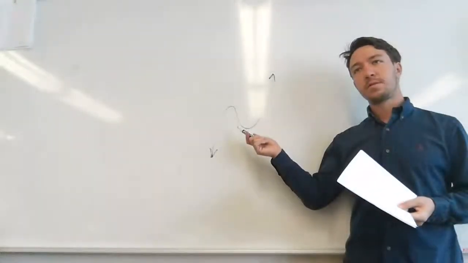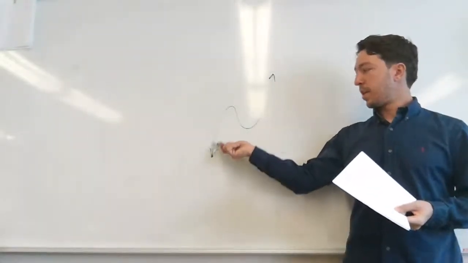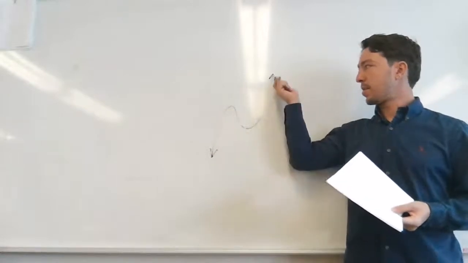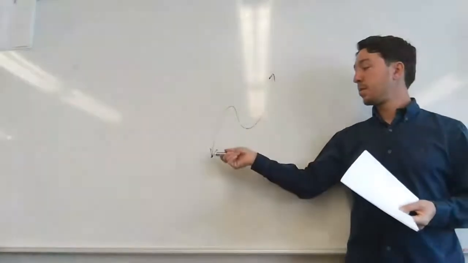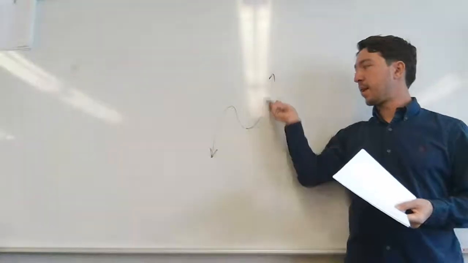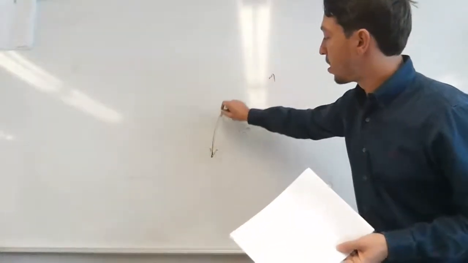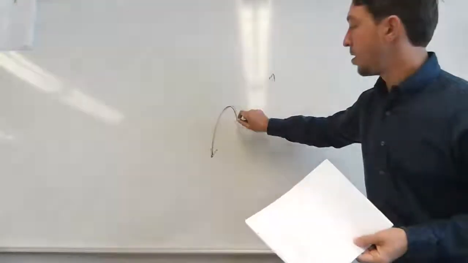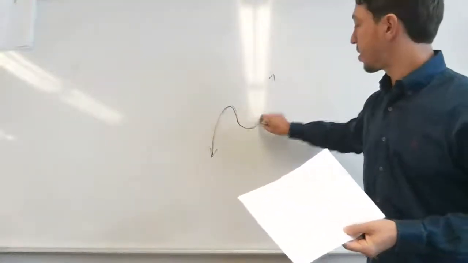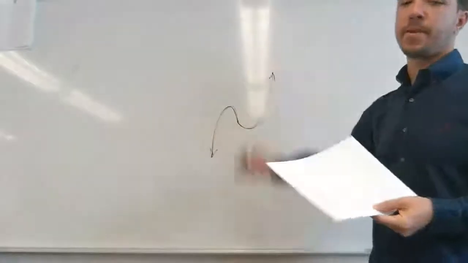Think of the derivatives. The function goes increasing, decreasing, increasing, so the derivatives must go positive, negative, positive. And how about concavity? Concave down, inflection point, concave up. Make sense? That's what we're kind of expecting out of this.